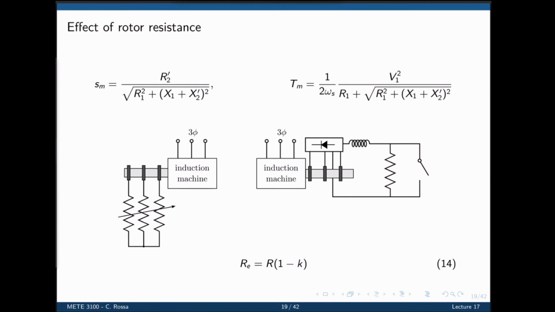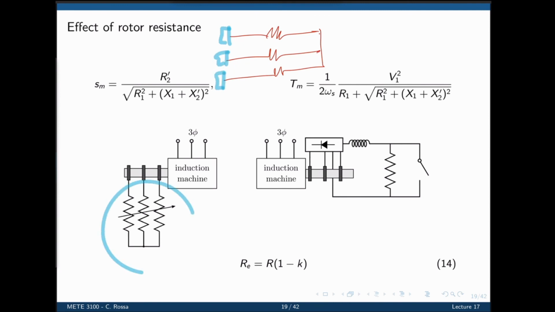Remember that the rotor winding will be like that, and typically at the rotor side these are connected. But we're going to put them to slip rings like that, and then we can attach another set of resistors to it. It's external to the motor, not permanent, with a mechanism that will allow us to short circuit them at some point, so the motor goes back to a normal operating mode.